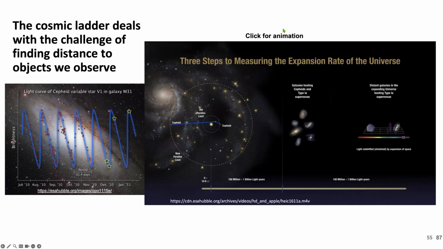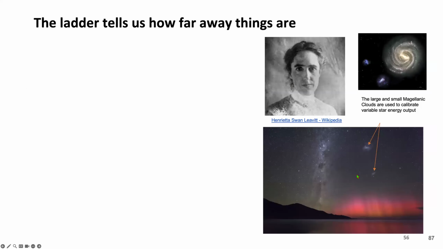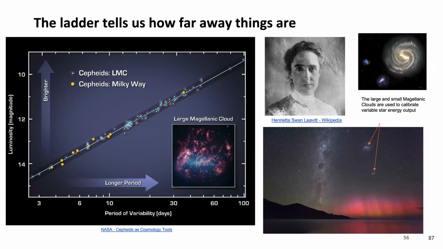Hubble attempted to do this. Here's Henrietta Leavitt. And he struggled because he did not have this technology in the 1920s. So here are the large and small Magellanic Clouds that orbit around the Milky Way.